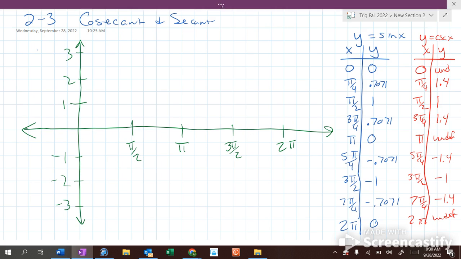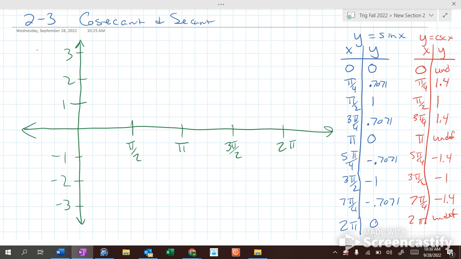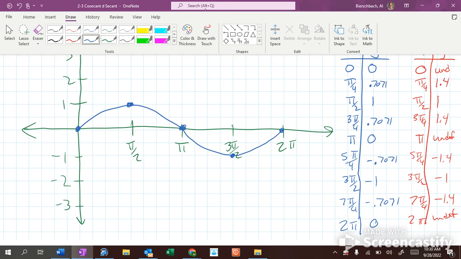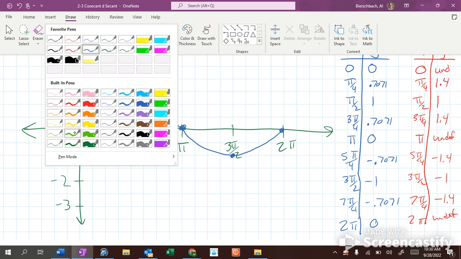All right, so I graph my sine curve first, because that's what I want to do with this. Then, where I'm undefined, I'm going to put an asymptote there.